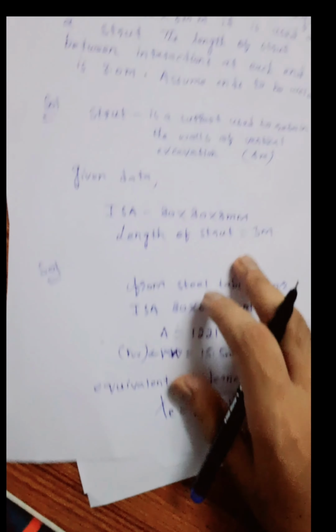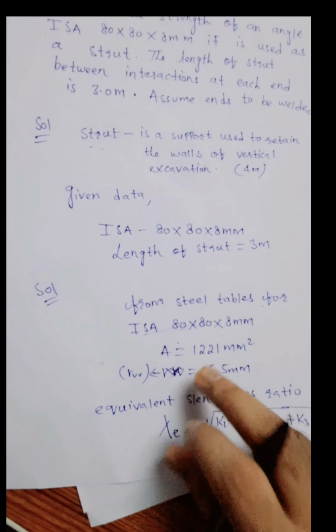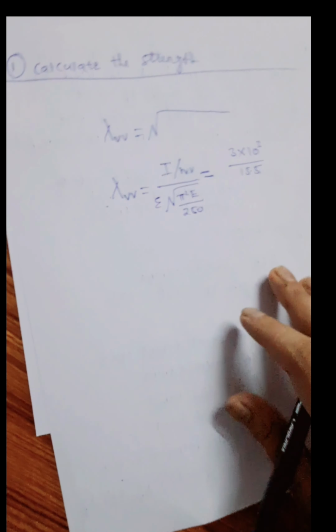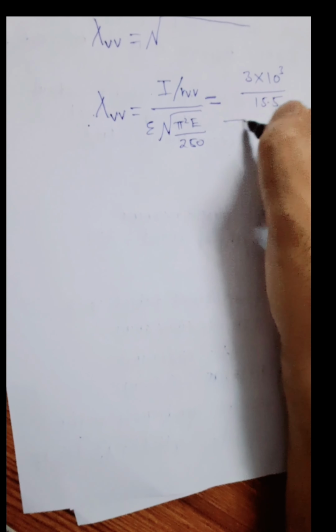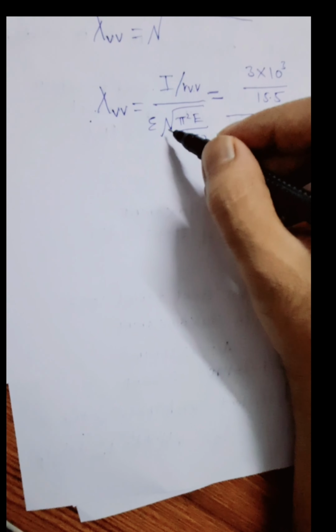We get 15.5 from here, rvv 15.5. And then we have the epsilon value.